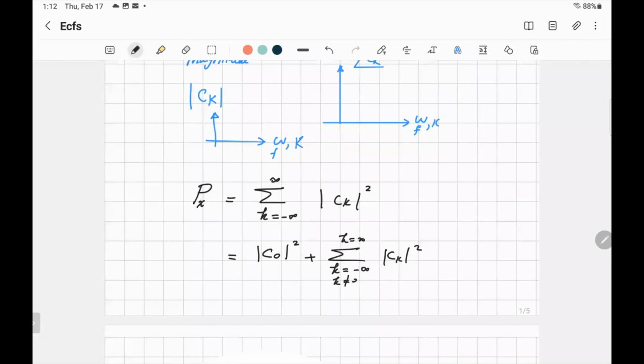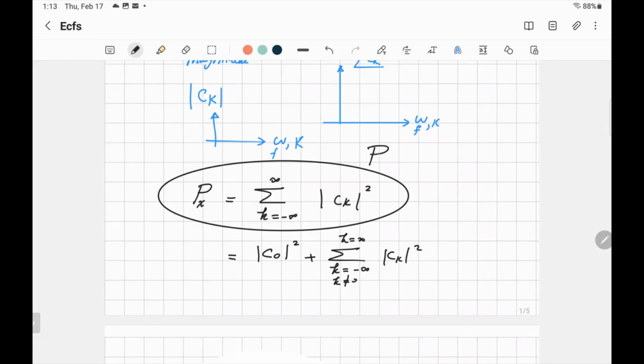The power in this expression we just got has a name: Parseval's theorem. This theorem tells how to find the power of a signal using Fourier series.